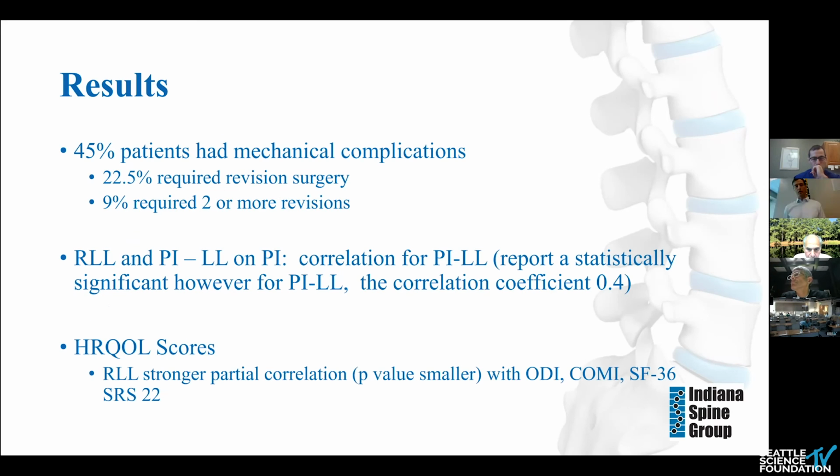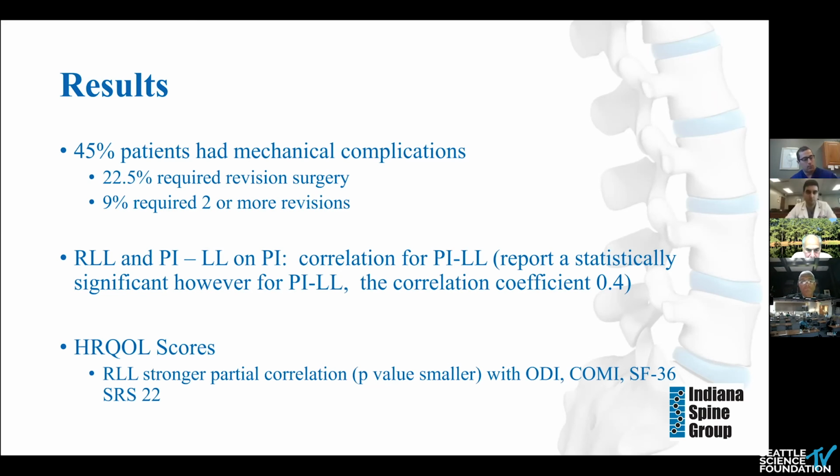And so overall of these 222 patients, 45% of these patients had mechanical complications, a lot. 22.5% of these required revision surgery, 9% required 2 or more revisions. And so when trying to look at correlations between RLL and mismatch on PI, there was a statistically significant correlation between PI-LL.